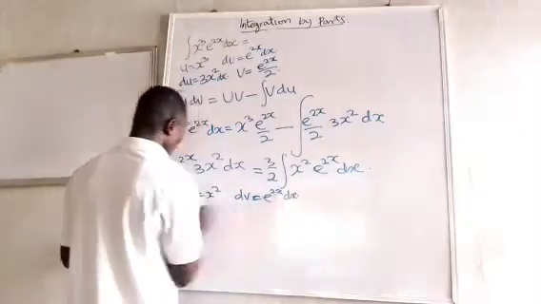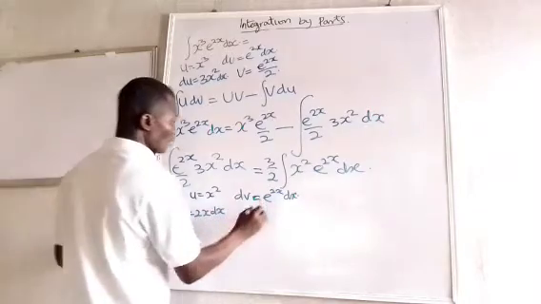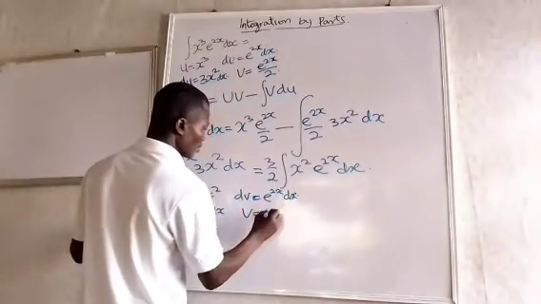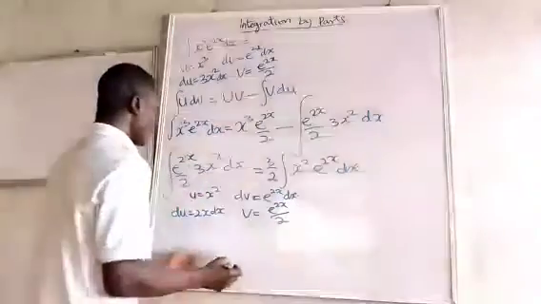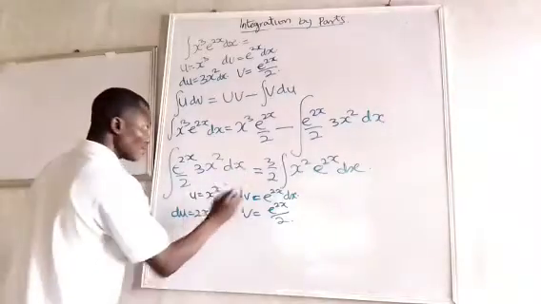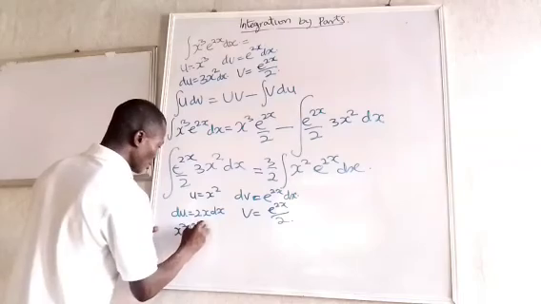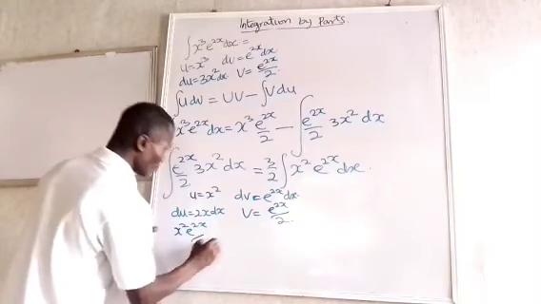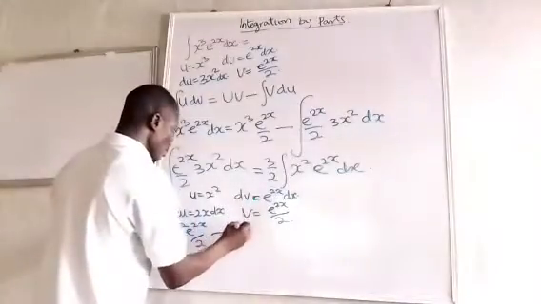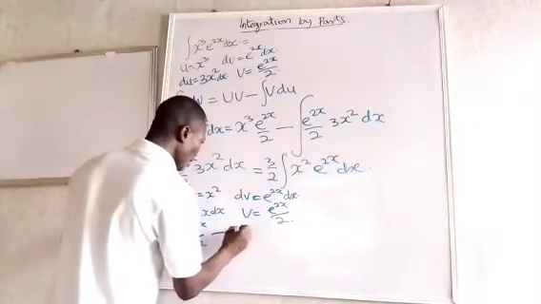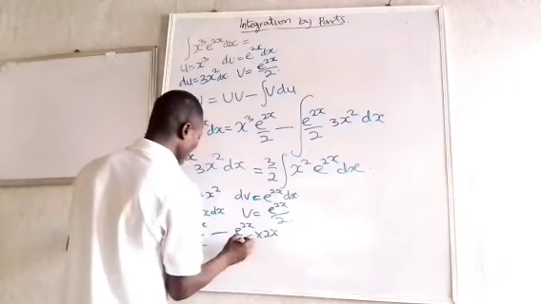So du will be equal to 2x dx, and v is equal to e raised to power 2x over 2. So we can now easily do this to be uv, x squared e raised to power 2x over 2, minus v du, e raised to power 2x over 2 times 2x dx.